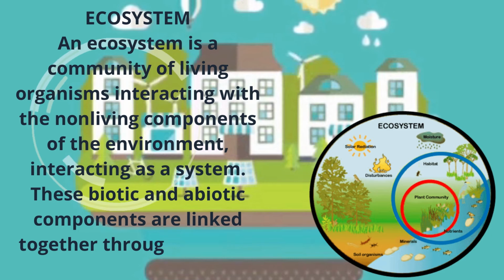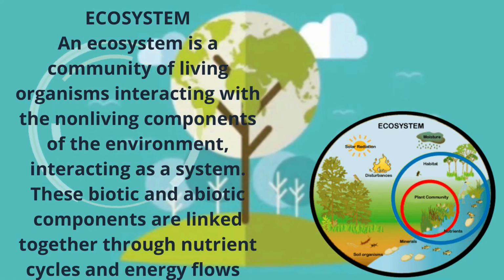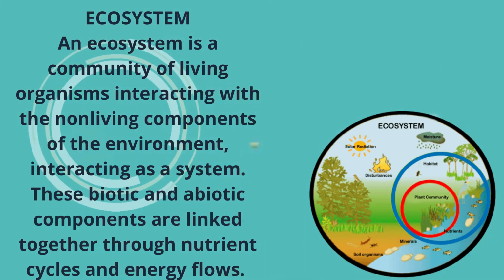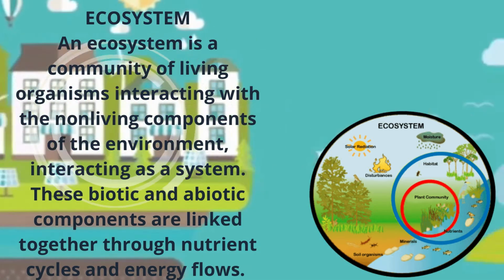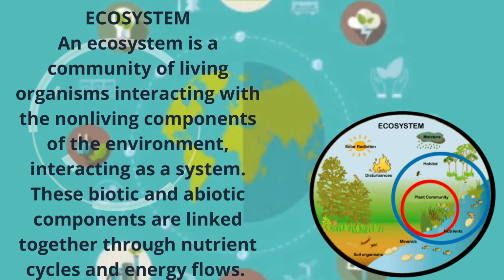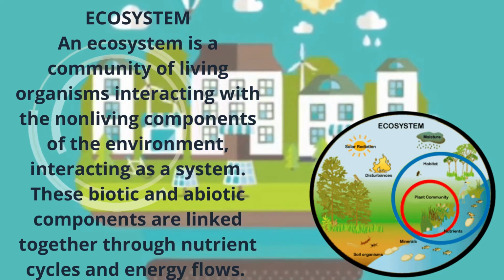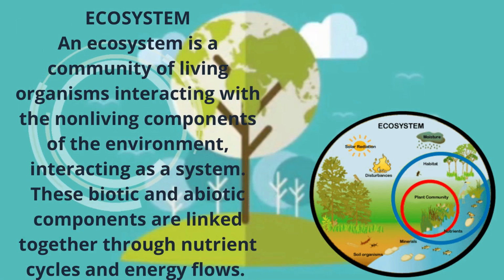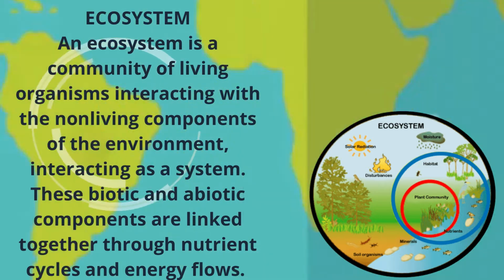So ecosystems are groups of all organisms that live in a particular place together with the non-living environment. An ecosystem is a geographic area where plants, animals, and other organisms, as well as weather and landscape, work together to form a bubble of life. Ecosystems contain biotic or the living parts as well as the abiotic factors or the non-living parts.